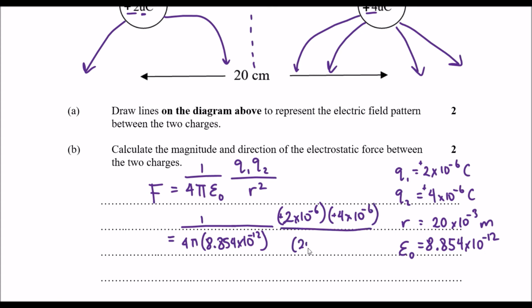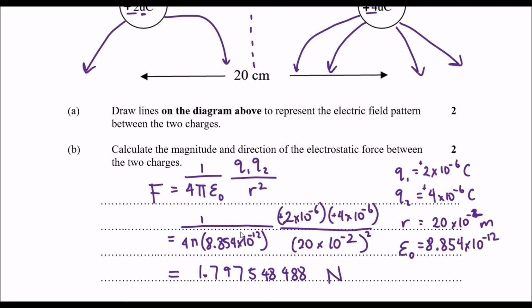And that's 20 centimeters, or once we convert that into meters, that should be a 2, not a 3. Okay, now let's substitute that in. Before we do, let's not forget to put the square there. Okay, so I get a value of 1.79 if I write down the entire numerical value. That's what we have here.